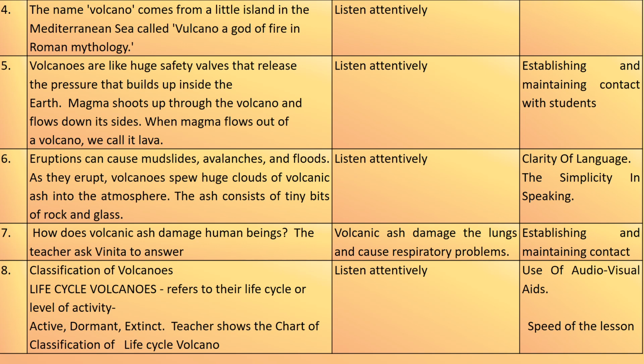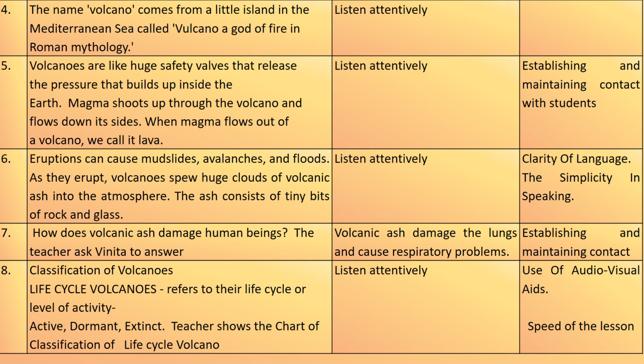Magma shoots up through the volcano and flows down the sides. When magma flows out of a volcano, we call it lava. The students will listen attentively. The component is establishing and maintaining contact with students.